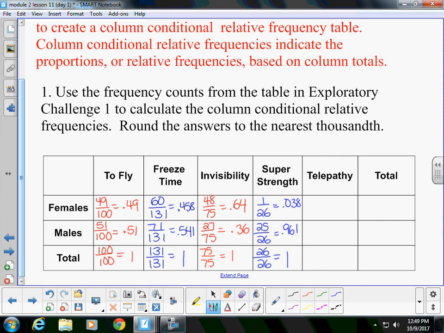Telepathy. The total is 118. So everything in this column will be divided by 118. Males is 48 and females is 70.